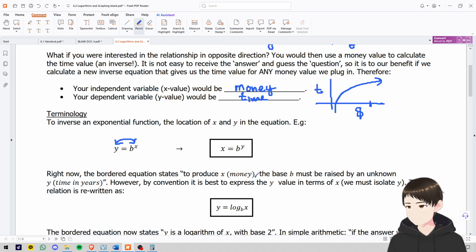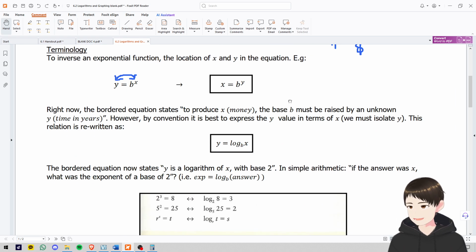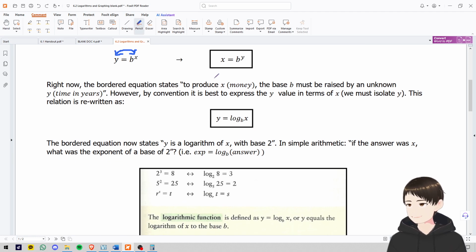To produce x, the base must be raised by an unknown amount of time. But it's really inconvenient to do it this way. It is a lot easier to express the y in terms of x. So we have to isolate y. How do I get y all alone and drop down the exponent? And what do I do with the x to input it somewhere?